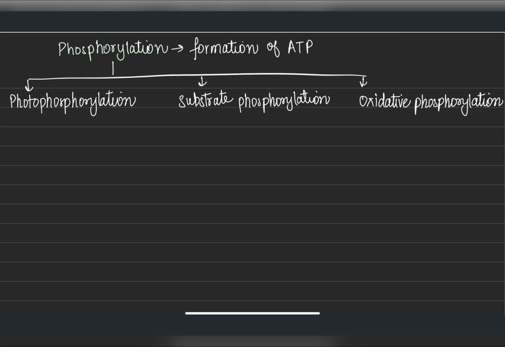When we talk about photophosphorylation, photo means sunlight, and phosphorylation means, you already know, formation of ATP.